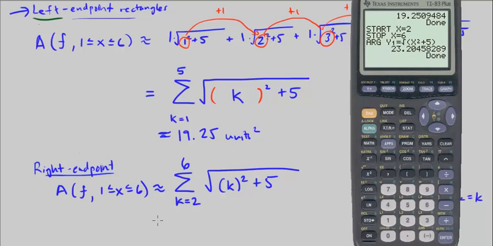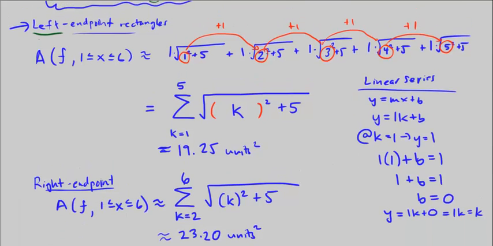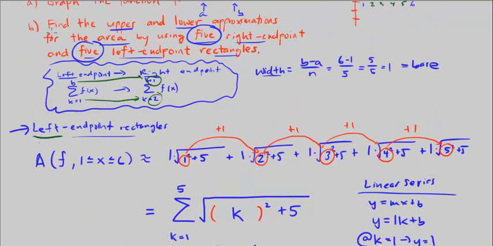And we get approximately 23.20 units squared. Okay? So let's put away our calculator, and let's make sure we're answering the question. Find the upper and lower approximations of the area using 5 right endpoint and 5 left endpoint. Okay, so that's what we did.